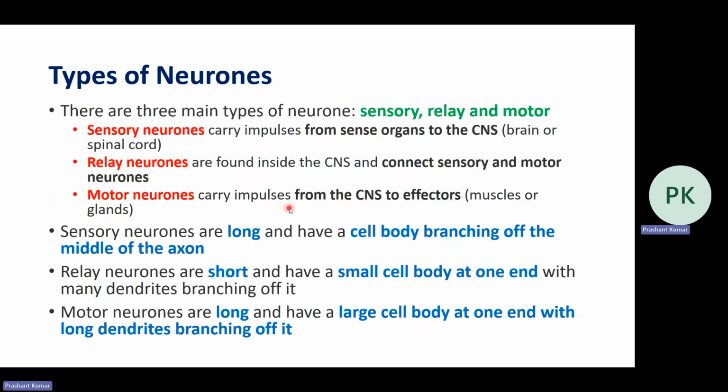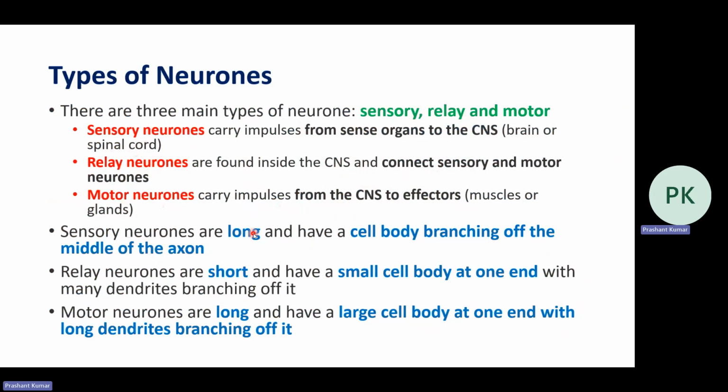They carry impulses from the central nervous system to the muscle cells, the effector organ, right? So always remember, sense organs are the receiver, muscles are the responder. You respond, right? Now we have to connect the sensory neuron and the motor neuron. For connecting, we have a relay neuron, and they are generally found inside the central nervous system, right?